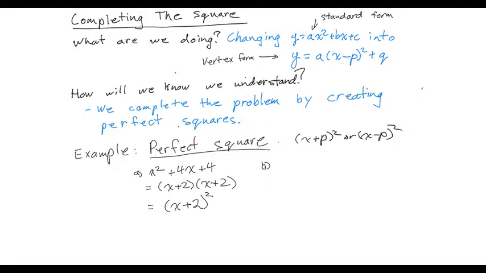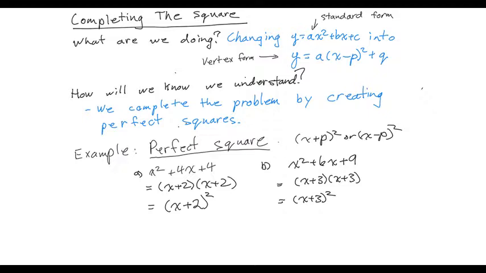Example B would be something like this. Suppose I had x squared plus 6x plus 9. Basically, you'd end up with x plus 3, x plus 3, quantity squared. So these are considered perfect squares. What we'll be doing is actually creating our own perfect squares.